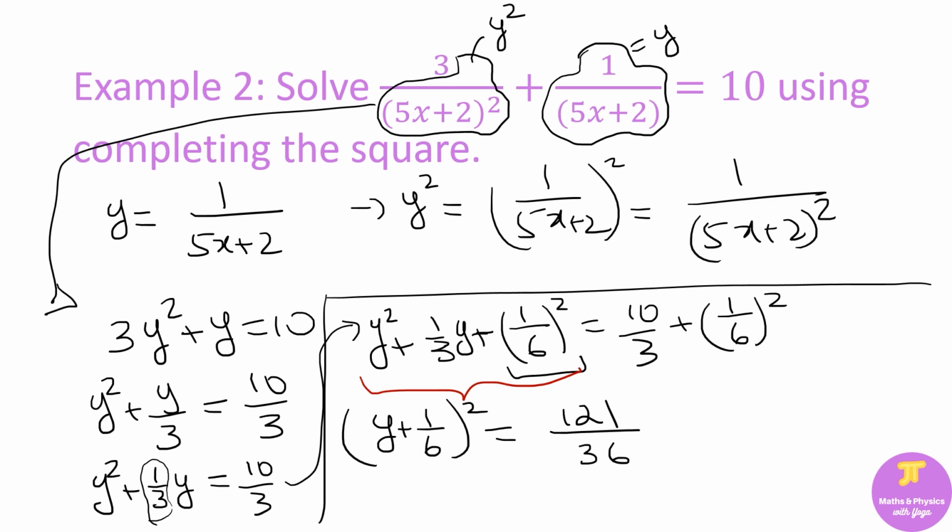Let's take a square root on both sides. If you take a square root, this is going to be y plus 1 over 6 equals plus or minus the square root of 121 over 36.